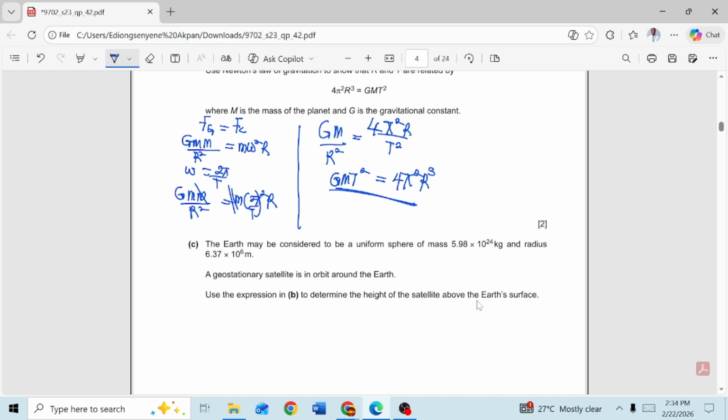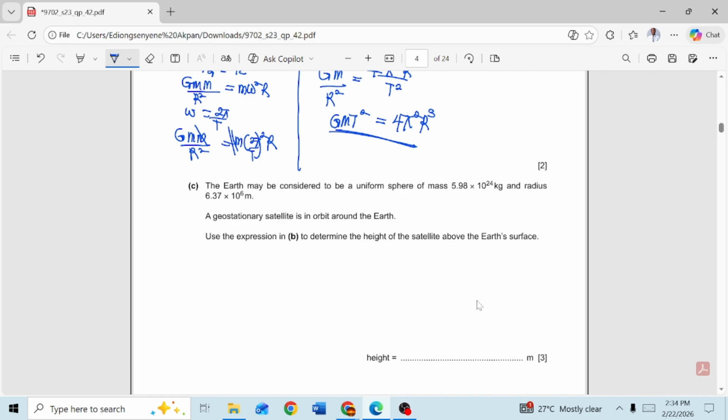The next question. The Earth may be considered to be a uniform sphere of mass 5.98 times 10 raised to the power of 24 kg and radius 6.37 times 10 raised to the power of 6 meter. A geostationary satellite is in orbit around the Earth. Use the expression in B to determine the height of the satellite above the Earth's surface.